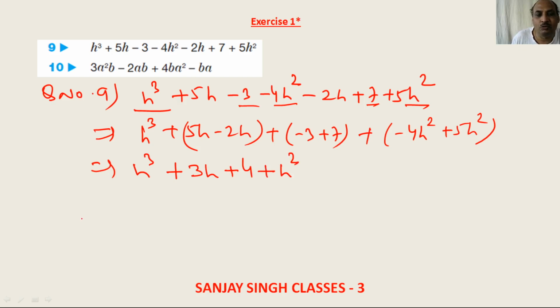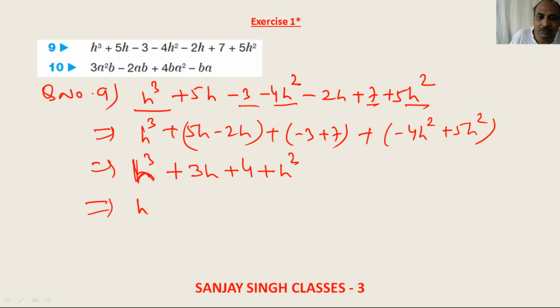Simply write h square. Now there is a way to write any expression or polynomial: the variable having the highest degree is written first, in descending order.